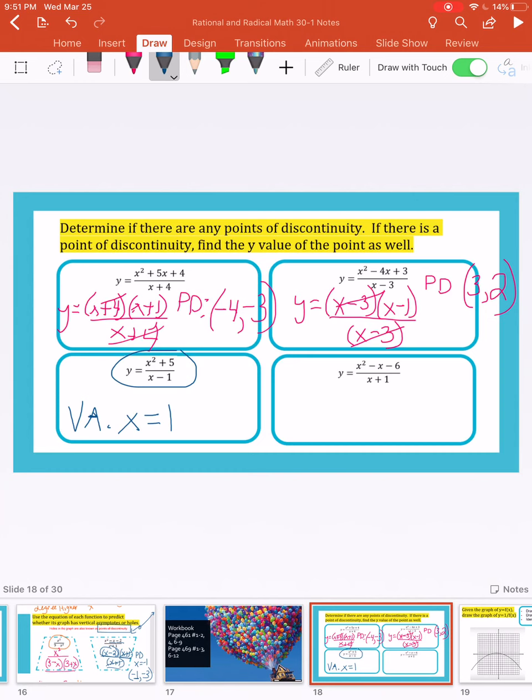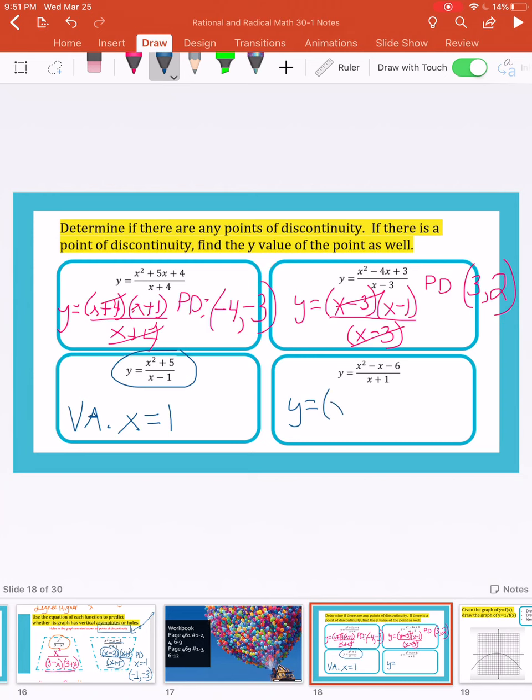All right, and I have my last example on this page. So y equals x squared minus x minus 6. So I'm looking for two numbers that multiply to give me -6 and add to give me -1.